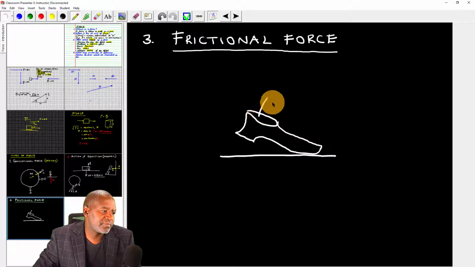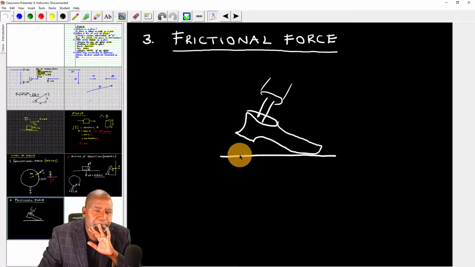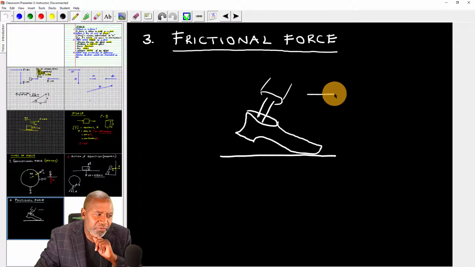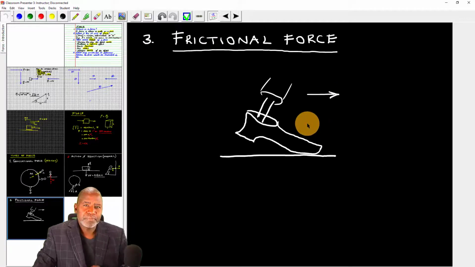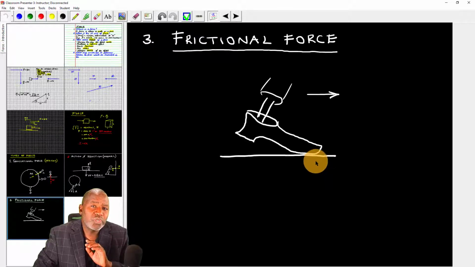I just have a very simple diagram like that. This person is moving forward like this, and you're asked to show the friction force between the foot and the floor. We define friction force as the force which opposes motion between two objects.